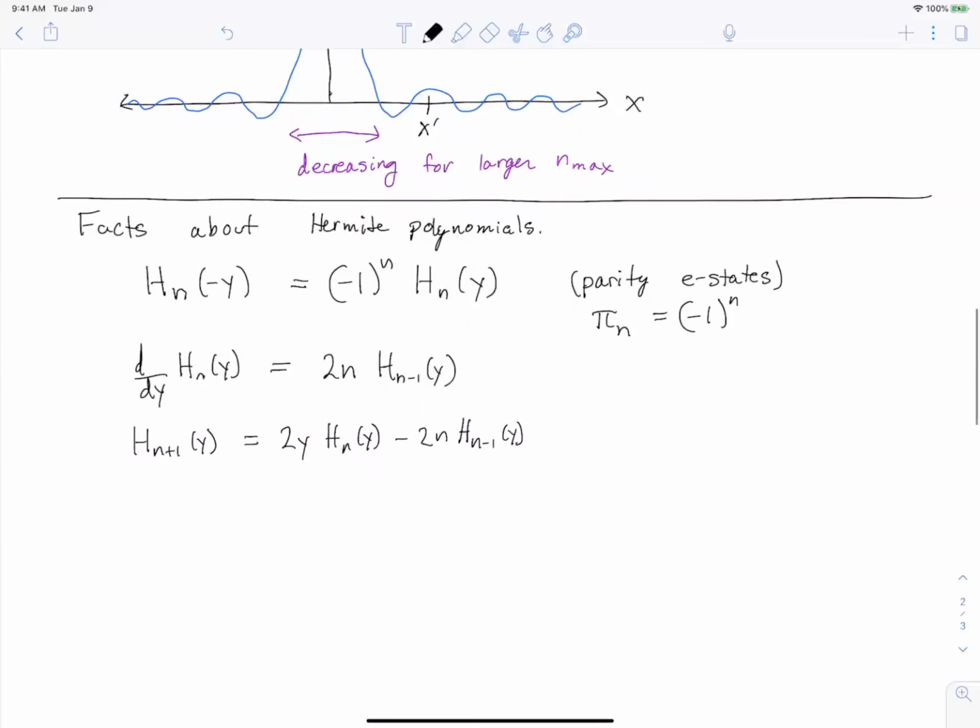So this is known as a recurrence relation. What it means is, let's say you know all the Hermite polynomials up to some n, then you know this and you know that, and so then you can plug in and find the next Hermite polynomial. So once you've got 0 and 1 for the Hermite polynomials, you can get any Hermite polynomial you want pretty easily just from this equation.